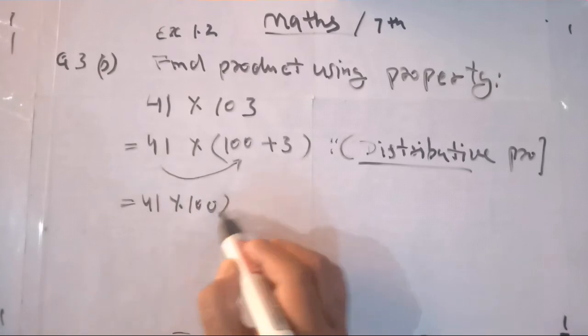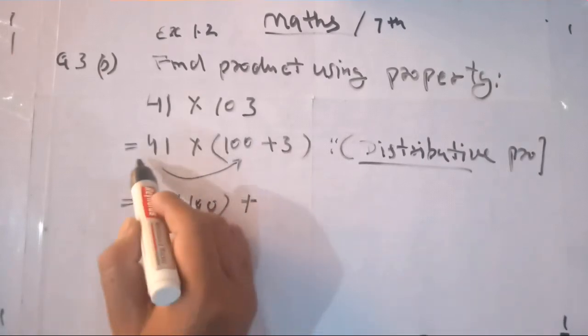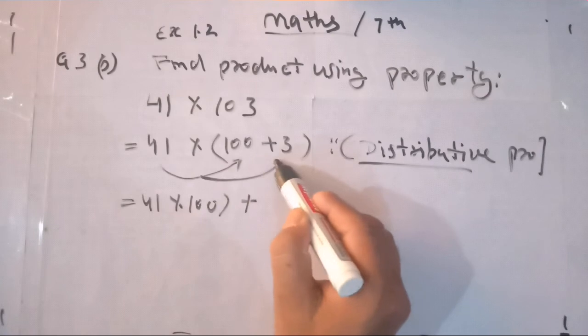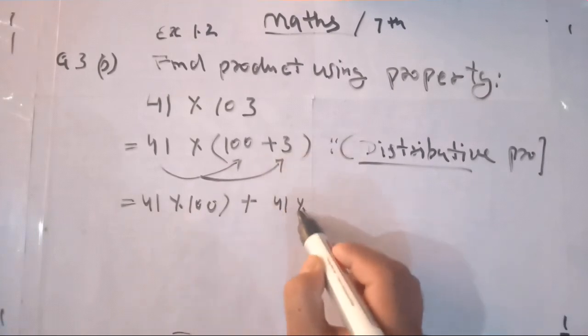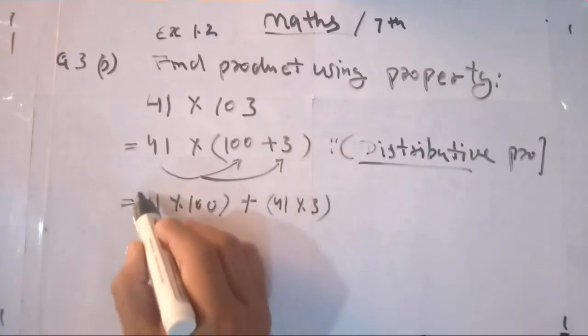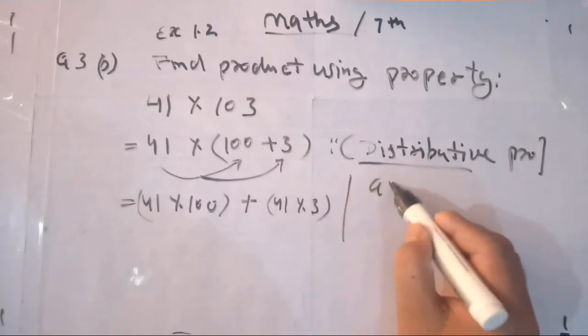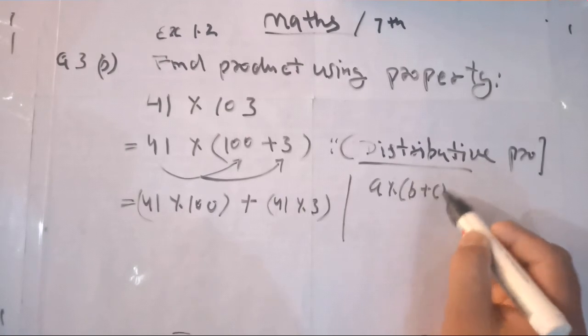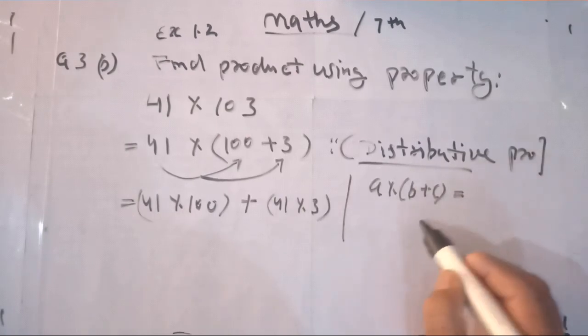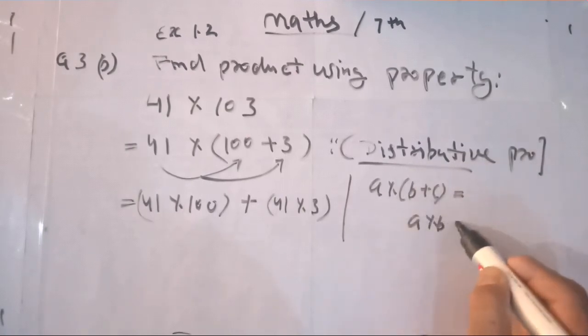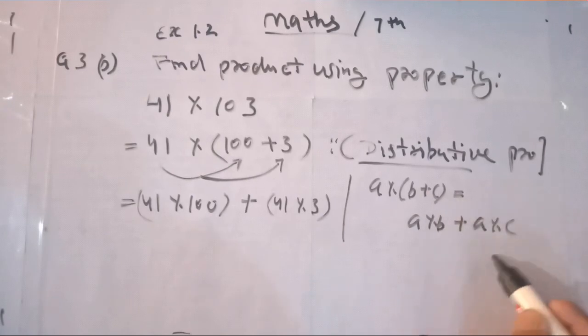Now again we distribute this 41 with 3, so 41 into 3. So beta, this is the distributive property. I am writing here what the distributive property is: A into B plus C is equal to A into B plus A into C. This is the distributive property, beta.